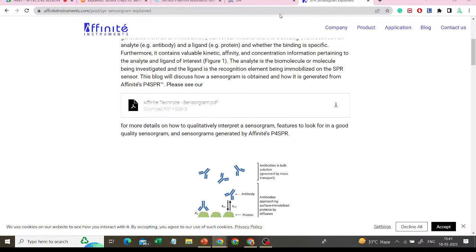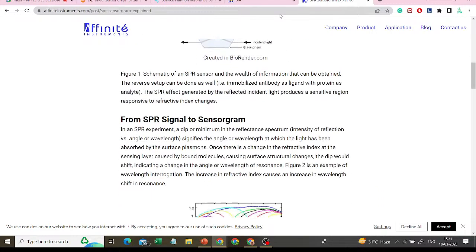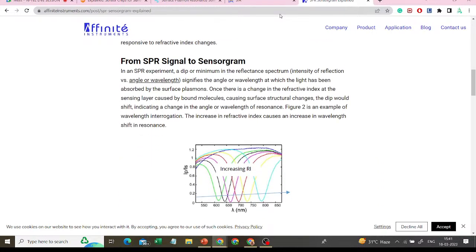It contains valuable kinetic, affinity and concentration information. The analyte is the biomolecule being investigated, and the ligand is the recognition element immobilized on your SPR sensor. So now, from SPR signal to sensorgram.